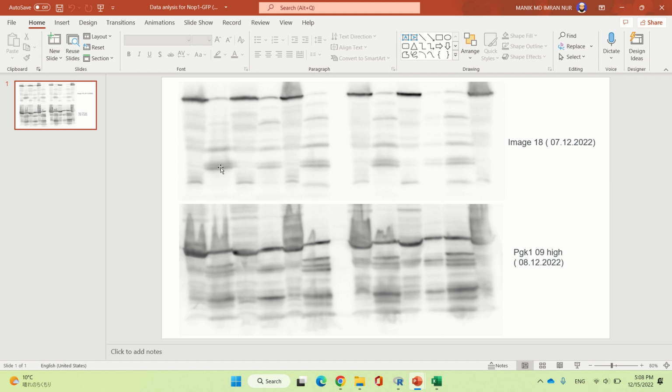Low means raw value. Raw value, sorry. So if the raw value is very fluctuated, it may be at this level, and then maybe this level, maybe this level, maybe this level. So there is a fluctuation.